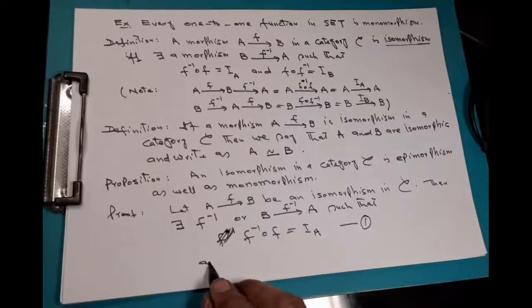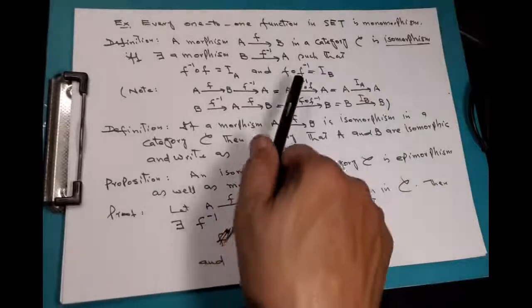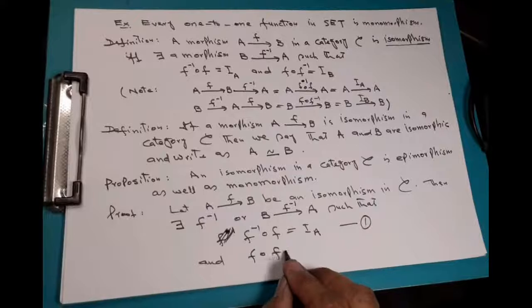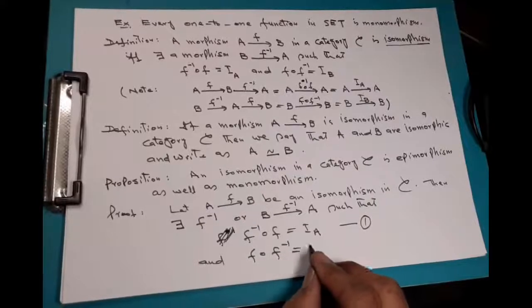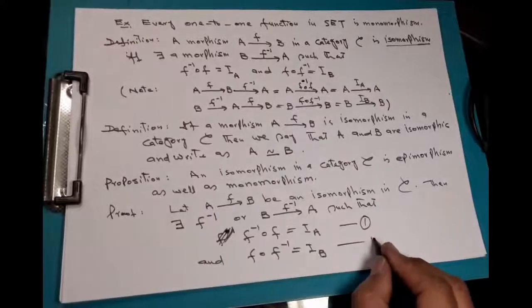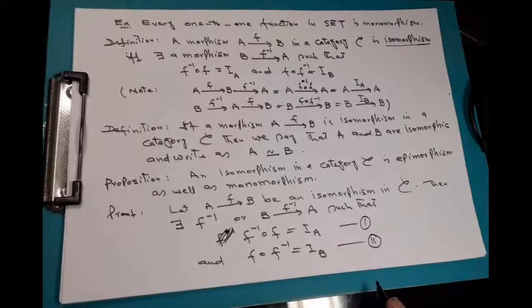And F circle F inverse is equal to identity of B. So this is in fact from the definition of isomorphism.